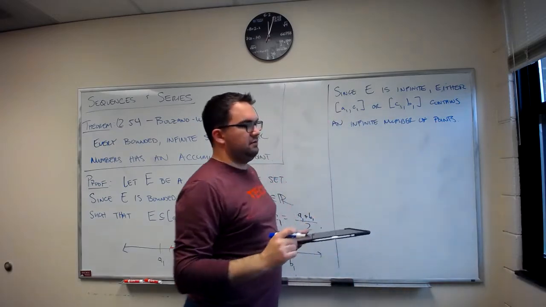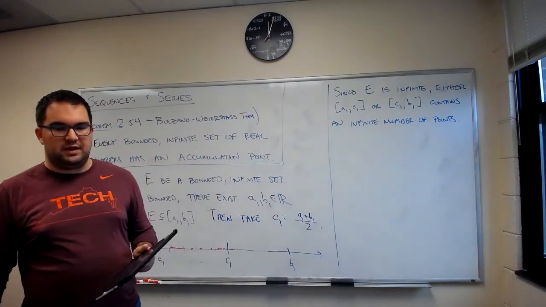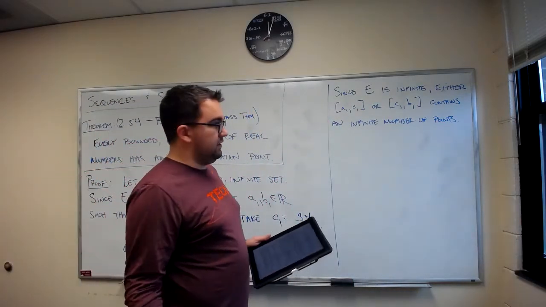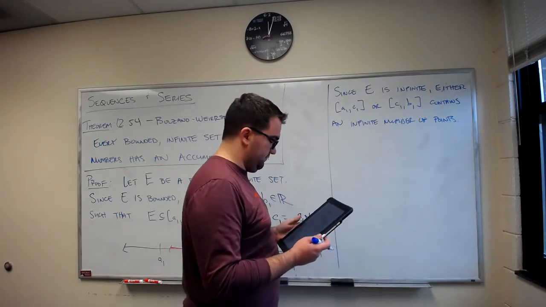And again, this is not like the exclusive or, right? It's possible that both of them contain an infinite number of points, but at least one of them contains an infinite number of points.